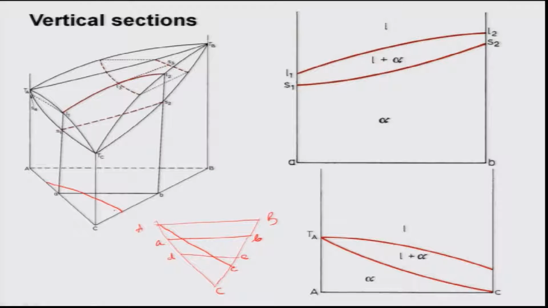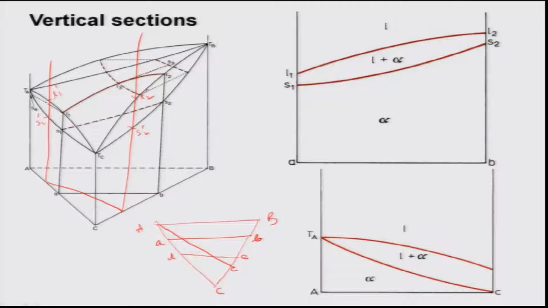So, if I take a vertical section like this, you can see here this is L1 star, L1 prime, S1 prime, S2 prime, and this is L2 prime.